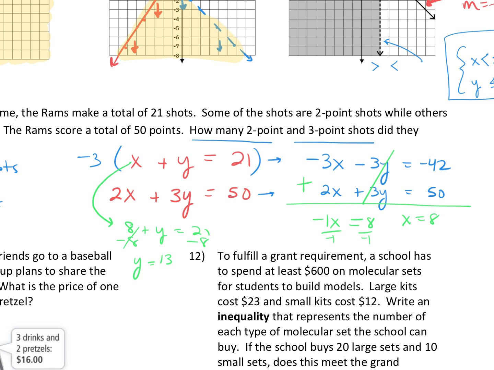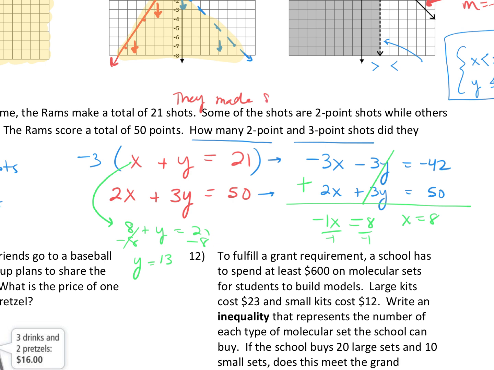Because this is a word problem, I don't want to just throw my answer together as an ordered pair. Let's actually answer the question. How many 2-point and 3-point shots did they make? So they made, all right, x was the 2-point shots, and we said x was 8.